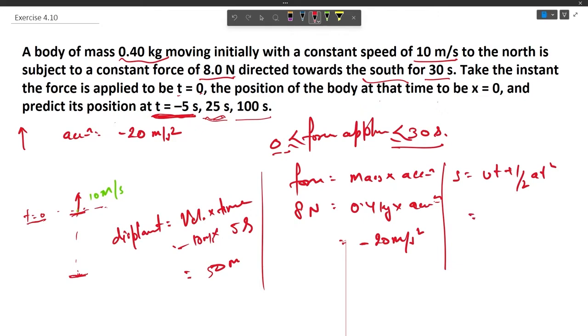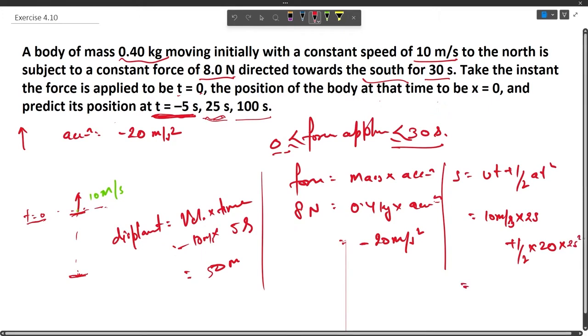Now we see that u equals 10 meters per second, which is the initial speed, and the time interval is 25 seconds. Since the acceleration is constant, we can apply this equation, half times 20 times t square, that is 25 square.